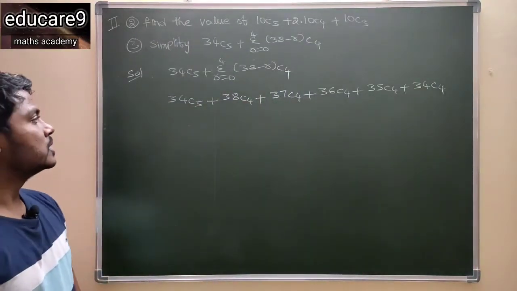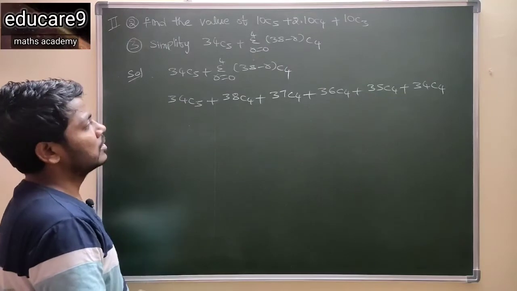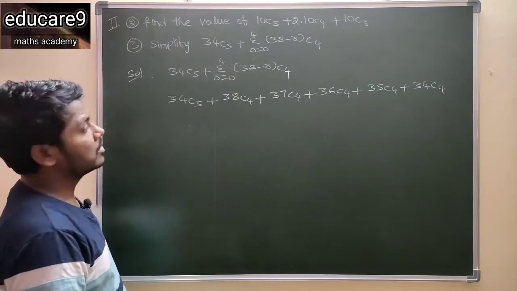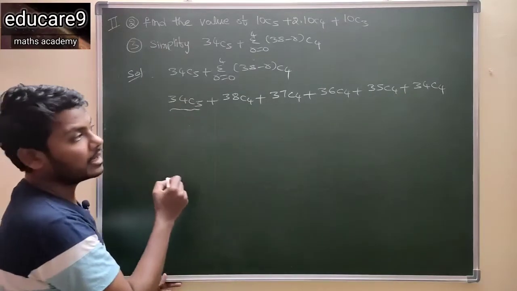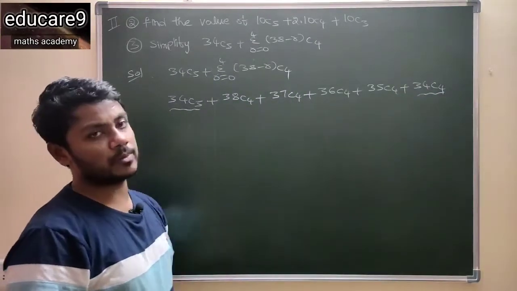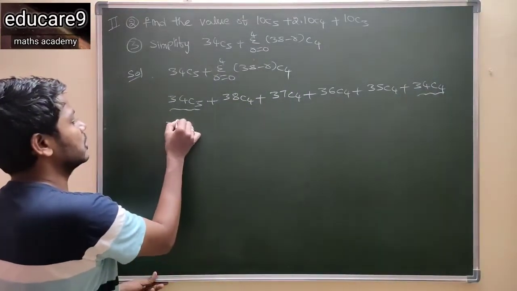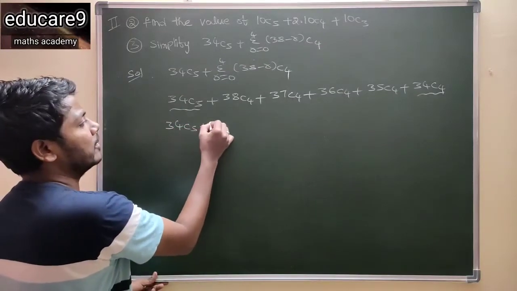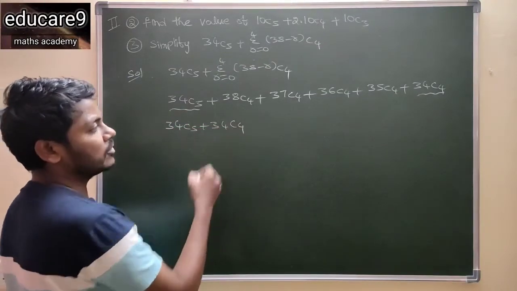Now see here, 34C5, and see the last term 34C4. So write these two terms first. 34C5 plus 34C4.